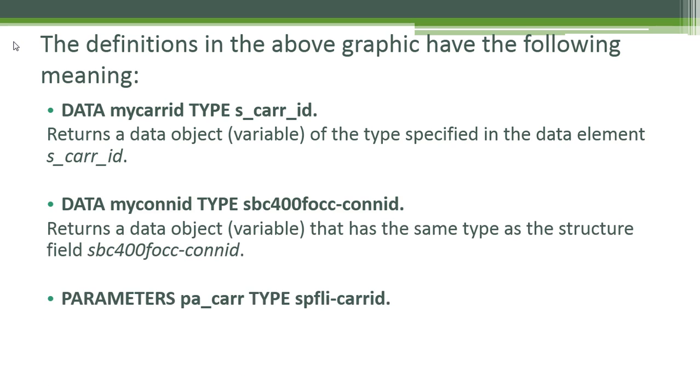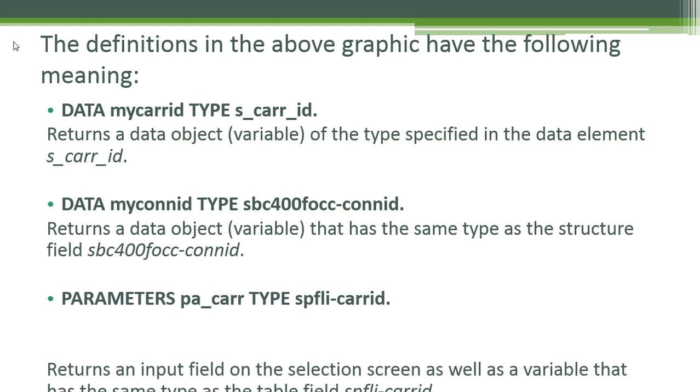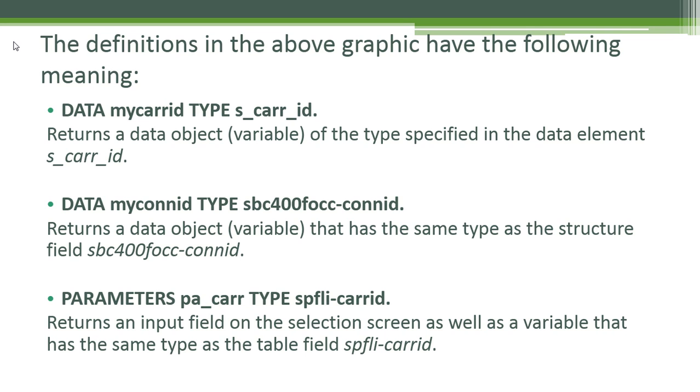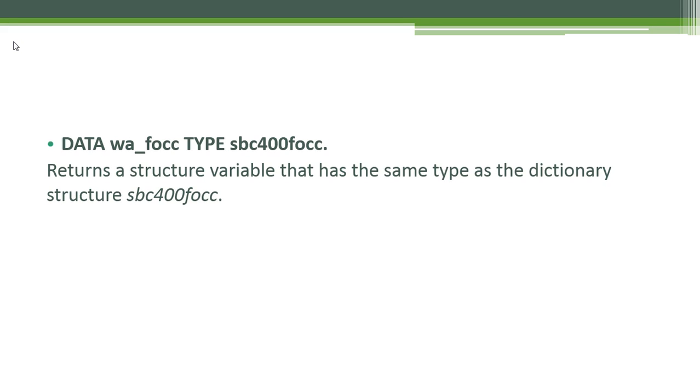Parameters pa_carr type spfli-carrid returns an input field on the selection screen, as well as a variable that has the same type as the table field spfli-carrid. The variable wa_focc is a structure variable.